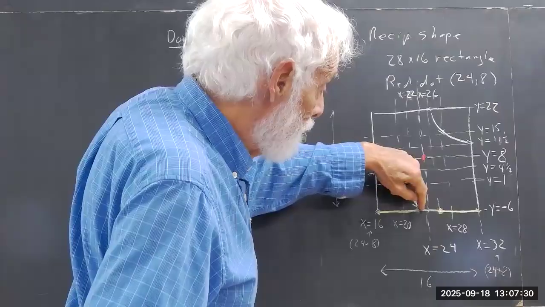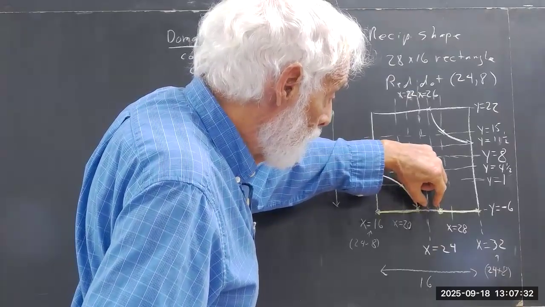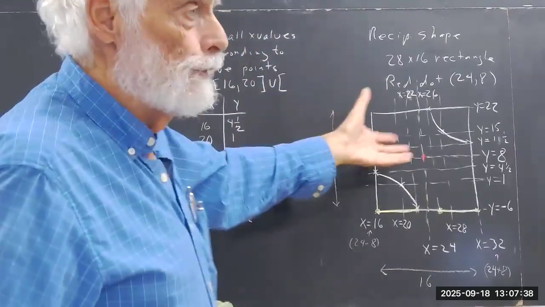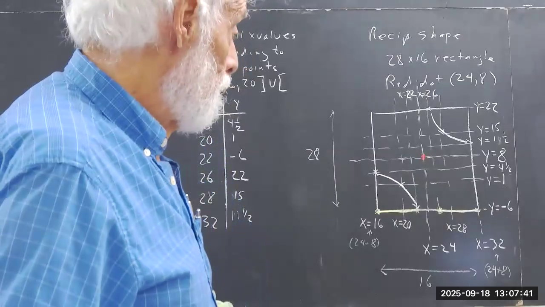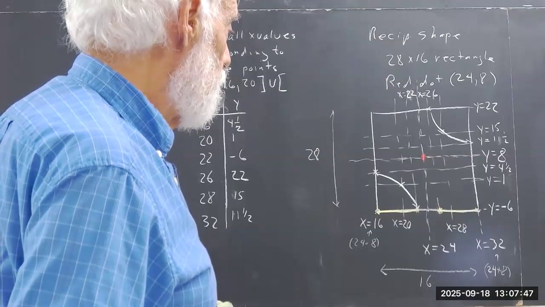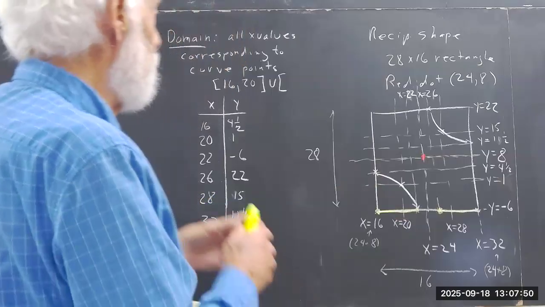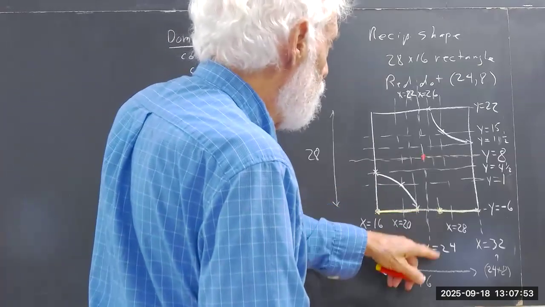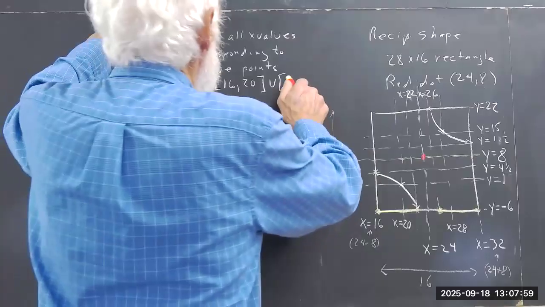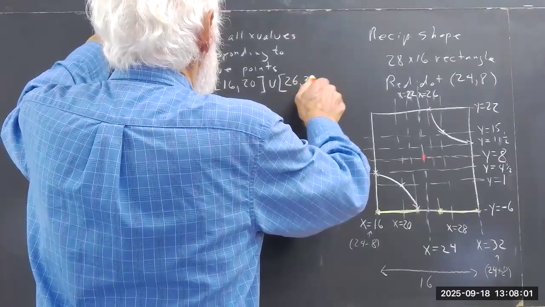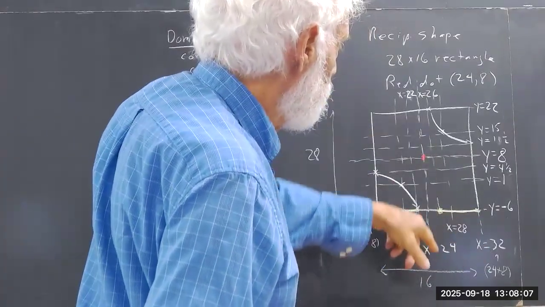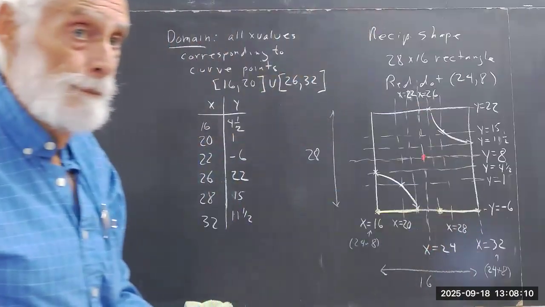Between here and here, where this line is still white, there's no curve within this window. Maybe I said something wrong, but let me write out what the interval is. The interval here goes from 26 up to 32, right? Point is, the interval goes from here to here. Look at what that vertical line is.